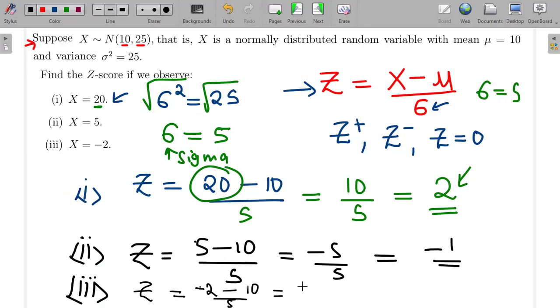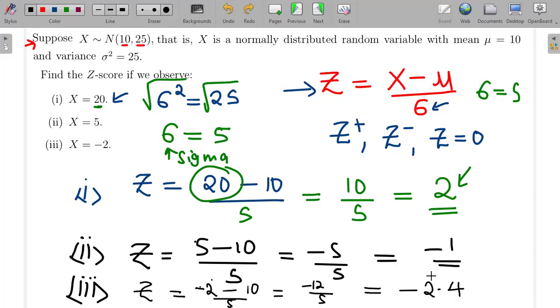So this will be -12 divided by 5, which gives -2.4. This z-score value indicates that the observed value is below the mean, and you can see that -2 is indeed below it.